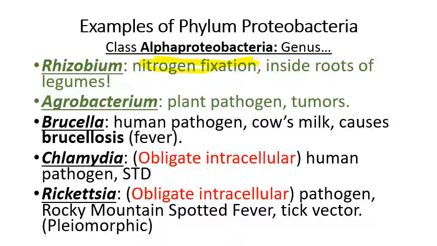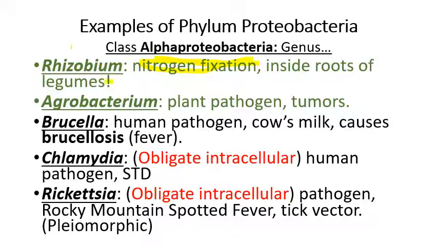That can be done by only certain organisms. Most plants can't do that. Most plants are not able to do that. They can only do it because they have rhizobium bacteria living inside their root cells, inside their roots, right? And so there's a certain type of a plant called a legume, right?